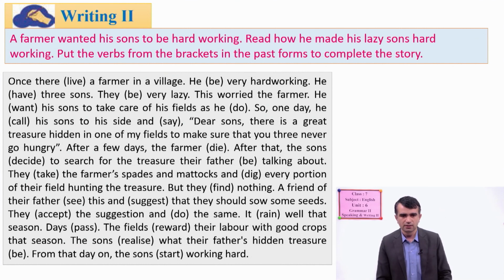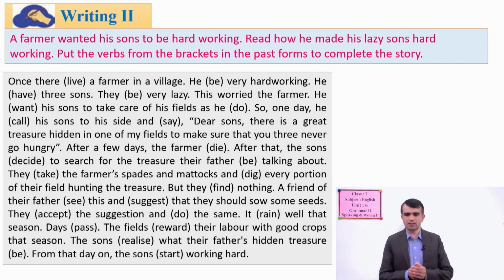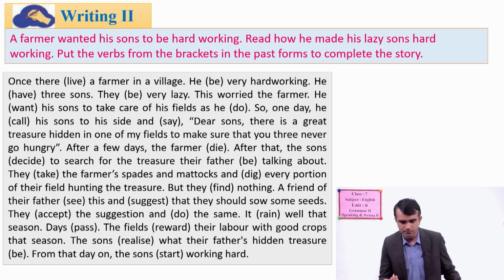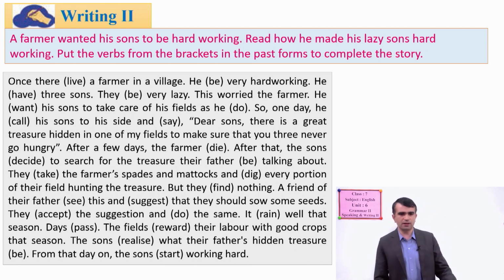Let's do it. Be ready. What is there in your book? On page number 64 of your book, there is writing second. One task is given. What is given there in the beginning?